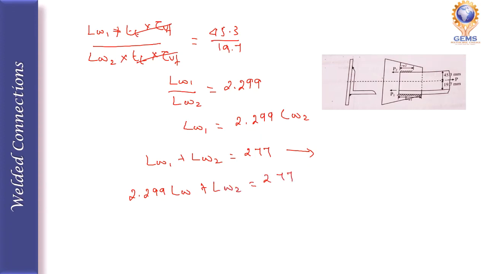So your L2 value will be 84 mm and L1 value is 193 mm. See here, from the diagram, L1 must be greater than L2. See the values, L1 is greater than L2, hence it is correct. This is the solution for problem number 2.